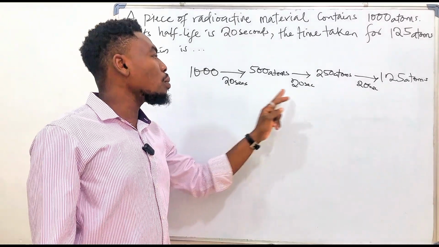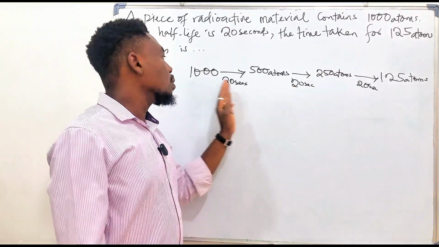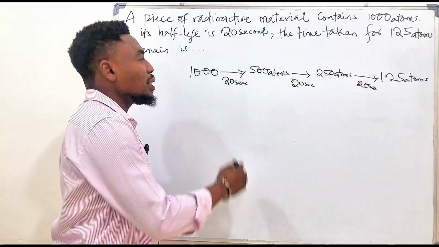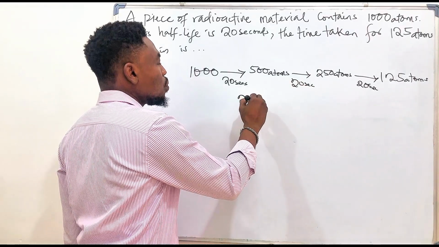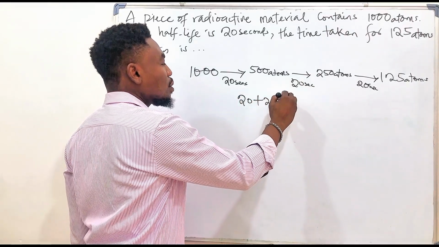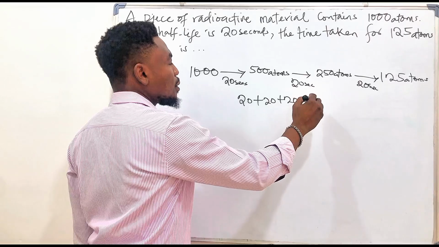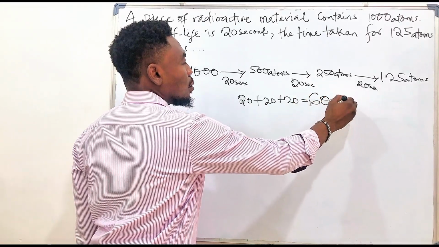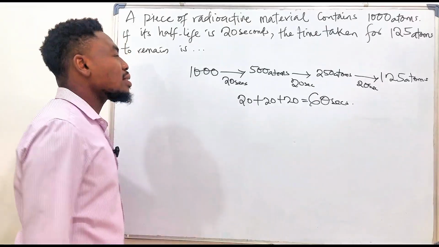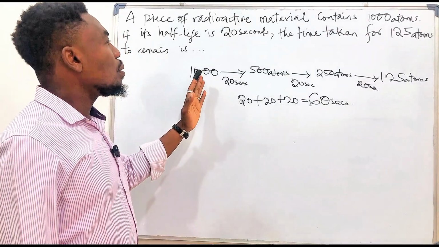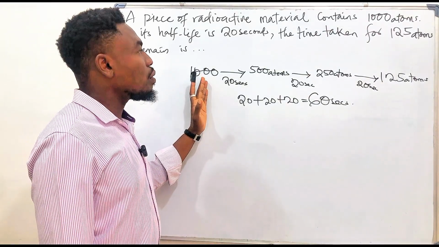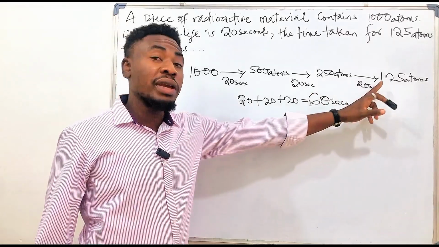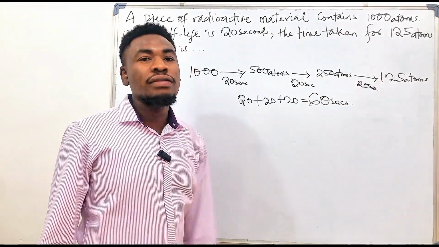So what we do is to sum up the time between all of this decay period. So we have what? 20 plus 20 plus 20, which is equal to what? 60 seconds. So this means that after 60 seconds, the 1000 atoms of the radioactive material will only remain 125 atoms.